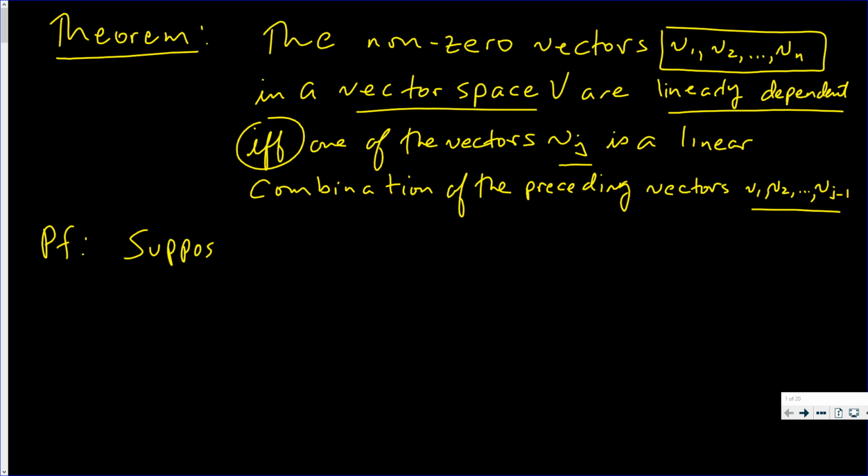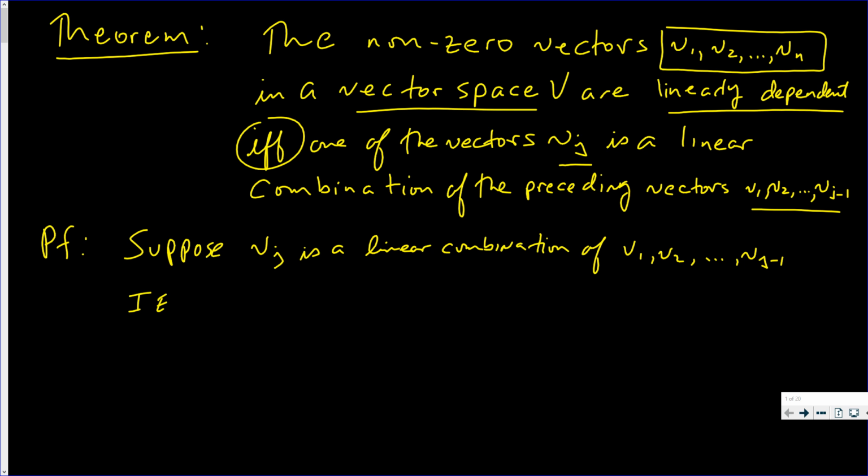Suppose our V sub j is a linear combination of V1, V2 up to Vj minus 1.